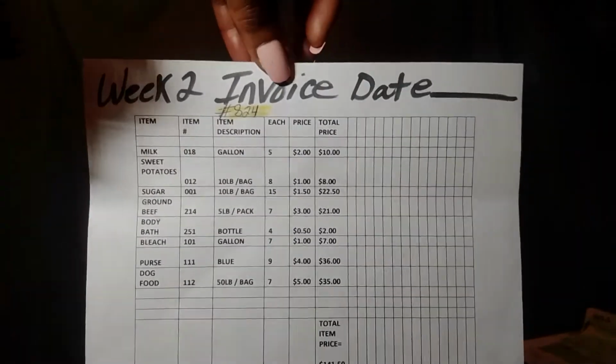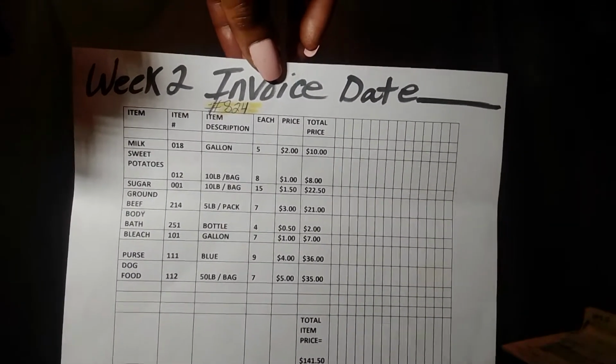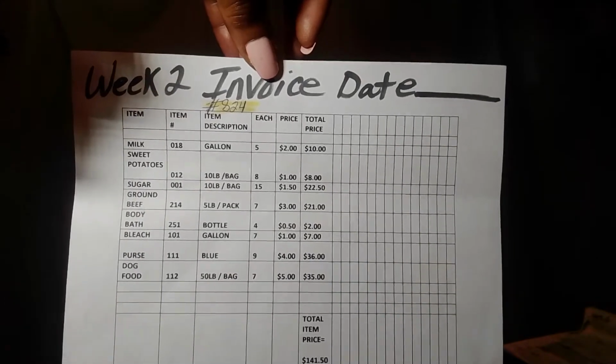And everything is there. Nothing is damaged. Nothing is missing. So he's all good. And then that's when you would get that bill, and then you would sign it. And this is how an invoice, which we talked about last week, should look.